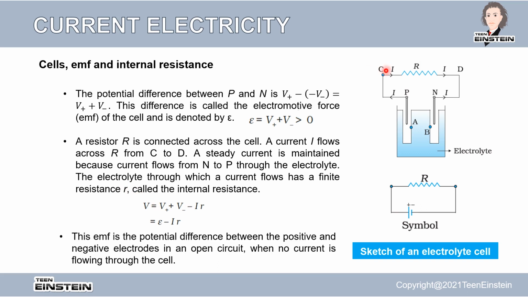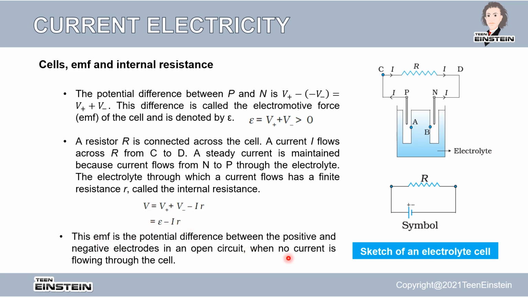Now if you look at the voltage drop across this R, that is capital V, which is equal to epsilon minus I multiplied by r. So epsilon is the potential difference, minus the potential drop across A and B because of the internal resistance, which is given by I into r. So this is the equation: V equals epsilon minus Ir.